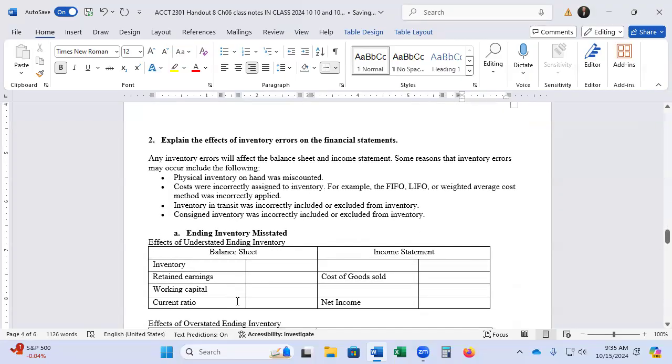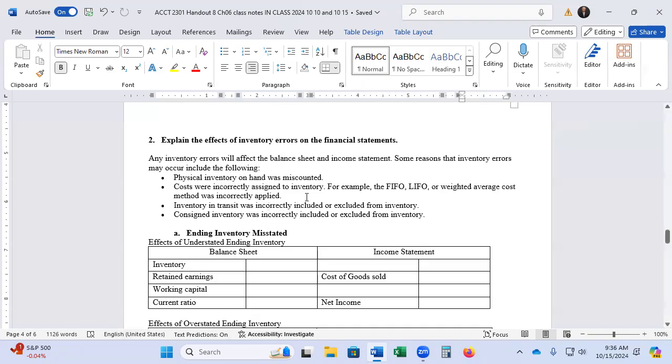Okay, we're going to talk about inventory errors on the financial statements. So when we think about inventory, we think about an asset, and then once it gets sold, it becomes an expense. So it affects both the balance sheet and the income statement.